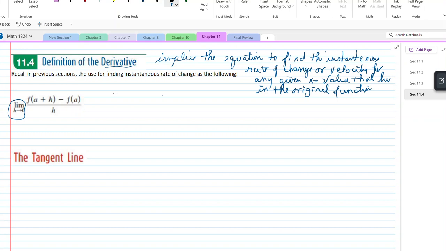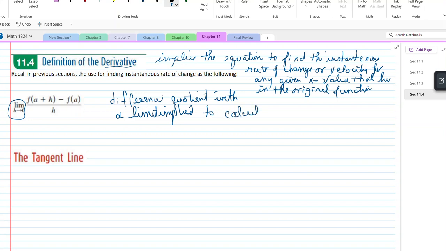So this is the difference quotient with a limit implied to calculate the value. Again, I have always used the function itself and then inserted the x value because that is a derivative.